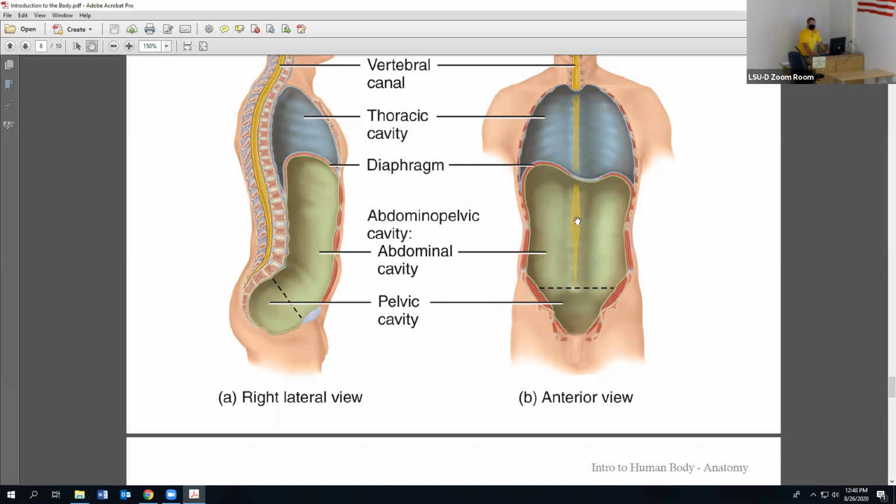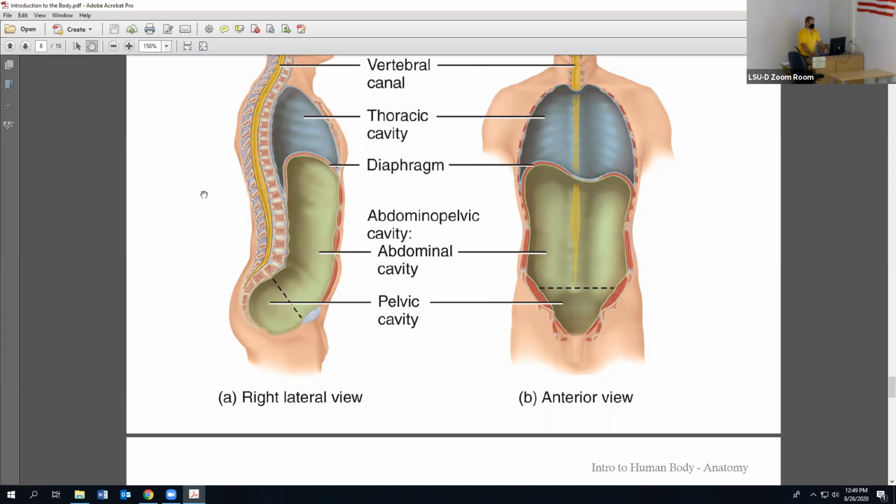The abdominal pelvic cavity is home to big organs, lots of organs: intestines and liver and spleen, kidneys. It's such a big cavity, they actually subdivide it. You can see a dotted line going across here, creating what we call the abdominal cavity and the pelvic cavity. Now that dotted line represents the fact that there's not an actual true divider, just an imaginary line.